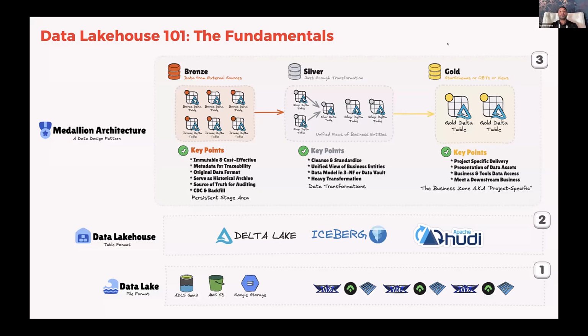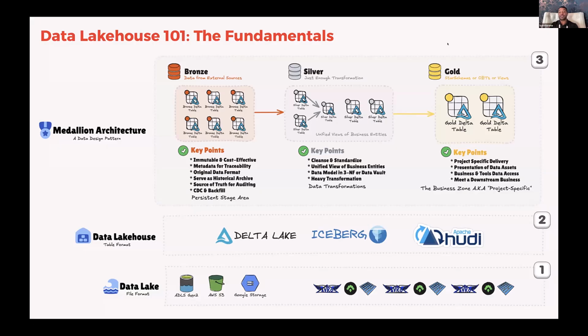Simply put, Medallion architecture is more than a data design pattern, which allows you to structure the data throughout three different layers. You have your bronze area, which is pretty much your external data coming in. Then you have your silver, where you do just enough transformations. That's so funny. Whenever I hear about just enough, something pops up asking what it means, right?